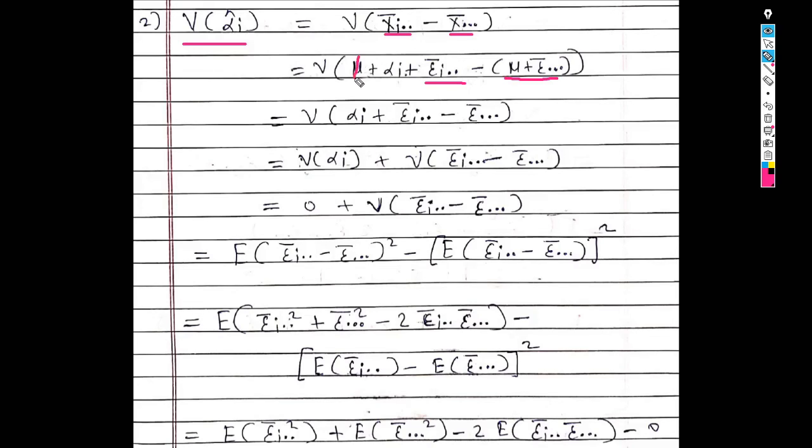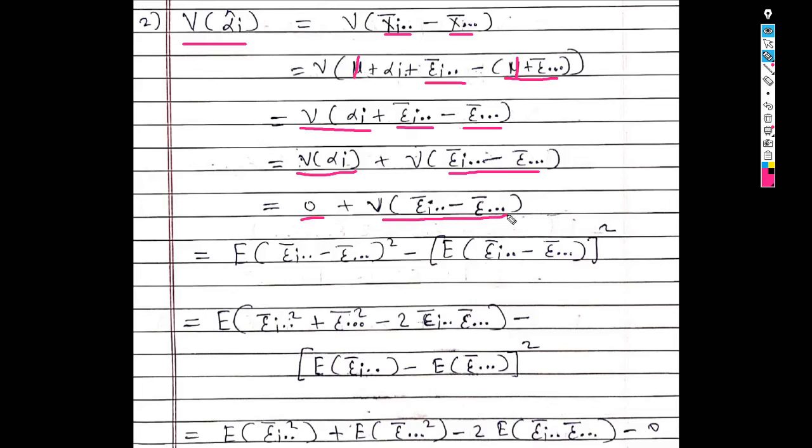So here this mu and this mu will get cancelled. The remaining term is the variance of alpha i plus epsilon i dot dot bar minus epsilon dot dot dot bar. Now alpha i is a constant term, so take the variance of alpha i plus the variance of this remaining term. But the variance of a constant term is 0. So here we get 0 plus the variance of this difference.